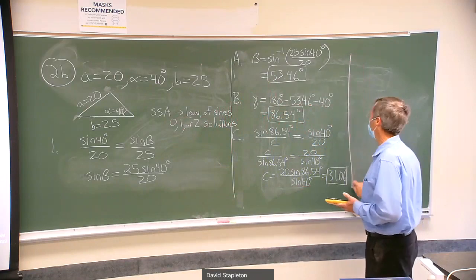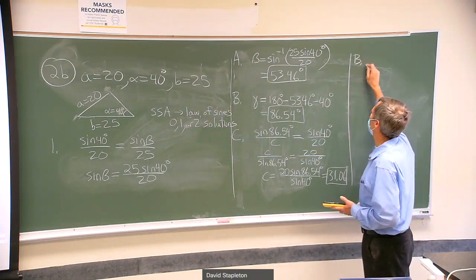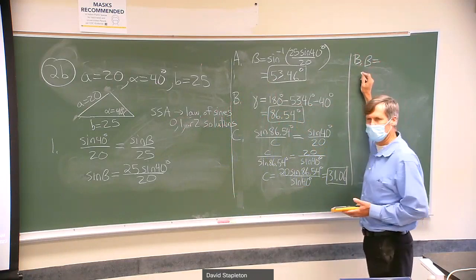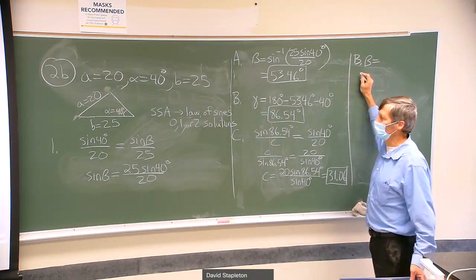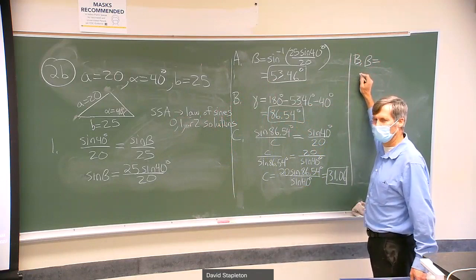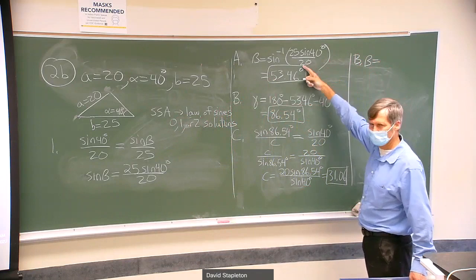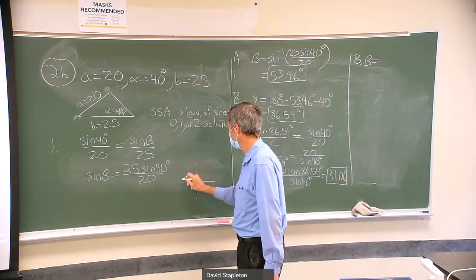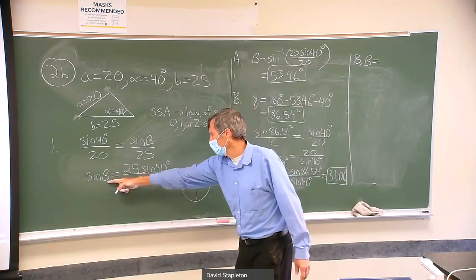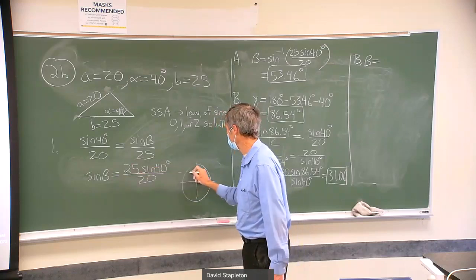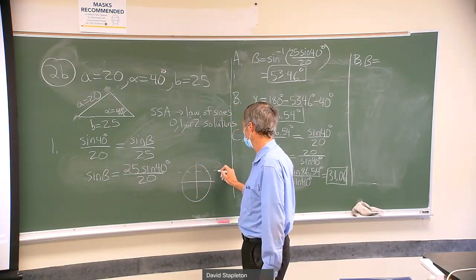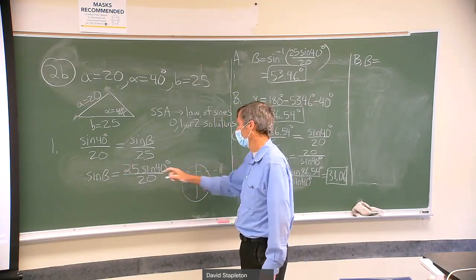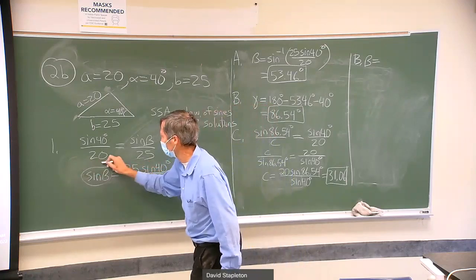So that was case A. Now I want to go to case B. What is case B? Beta equals, if there's another case, it's always 180 minus the arc sine. Remember, this is from the picture. There's the unit circle. At this point, I have sine beta equals some number here, right? Suppose it's this one. Well, sine of beta is the y coordinate of the unit circle, right?